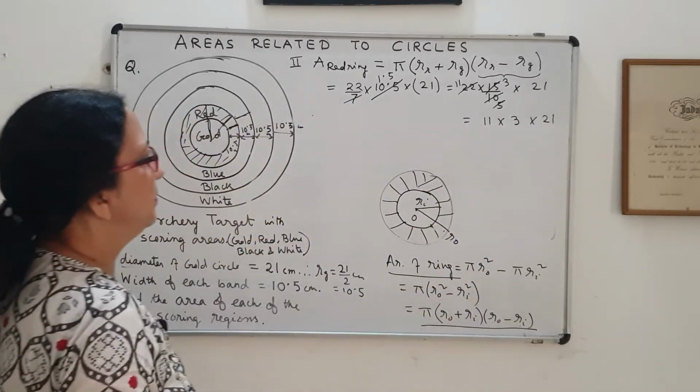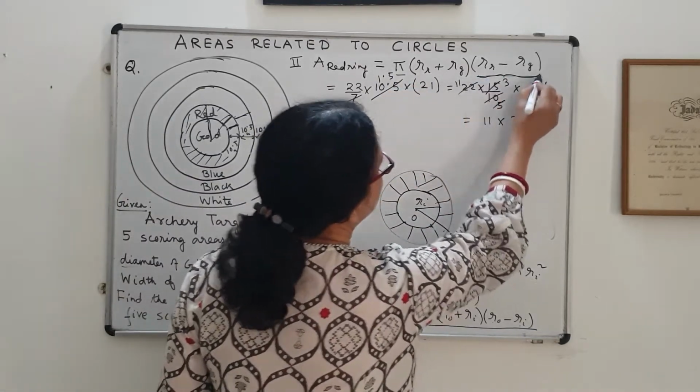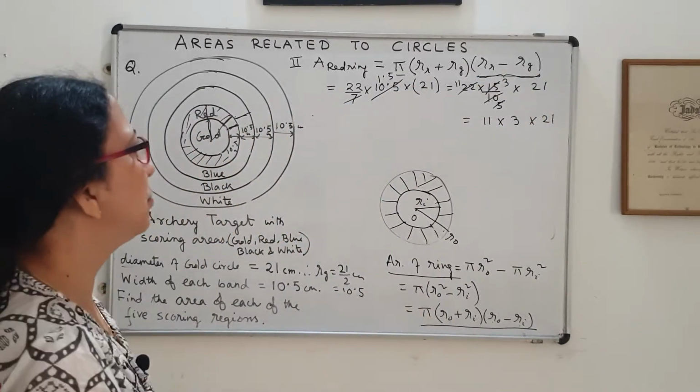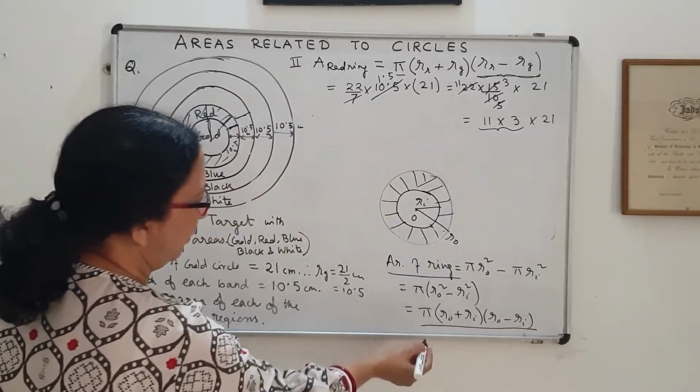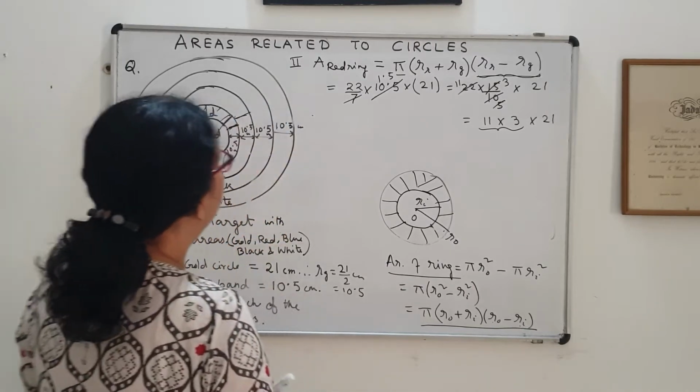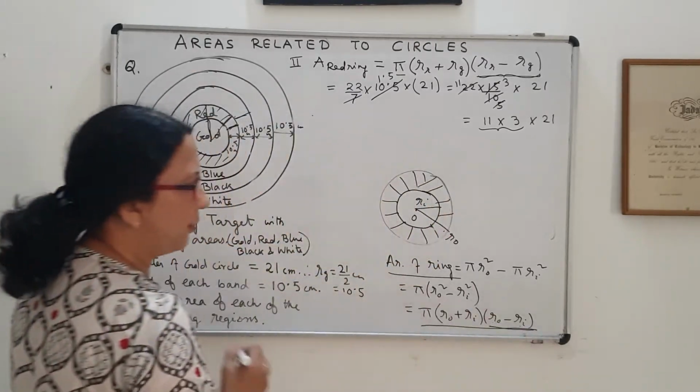Now one thing you see: pi into the difference of the radii of two successive circles will always be constant, that is 11 into 3, because for any ring, Ro minus Ri is fixed, which is the width.